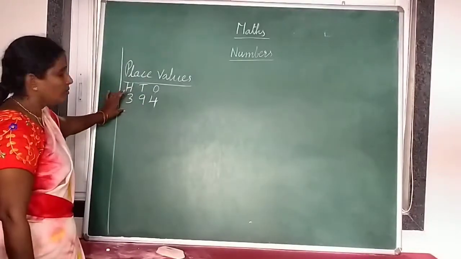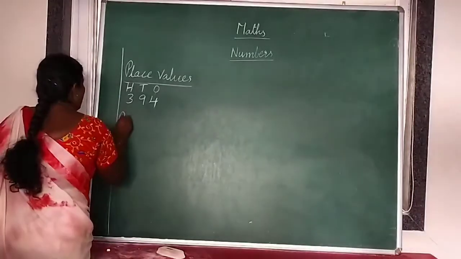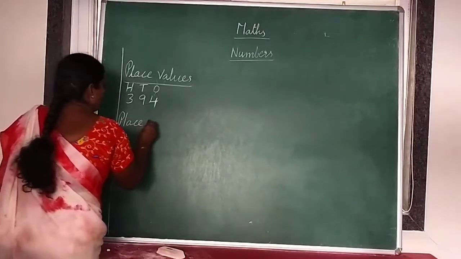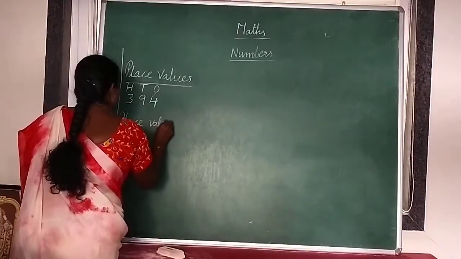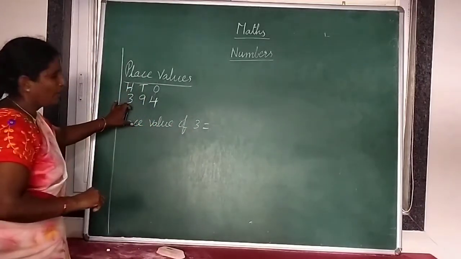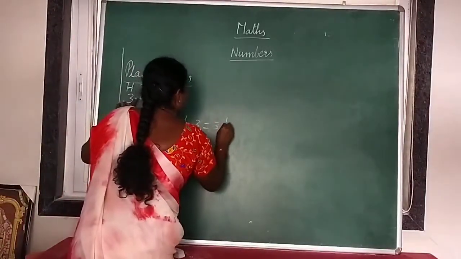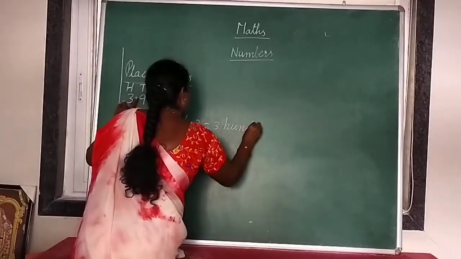So 3 in which place? Hundreds place. So place value of 3 is 3 in which place? Hundreds place. So it is nothing but 300.